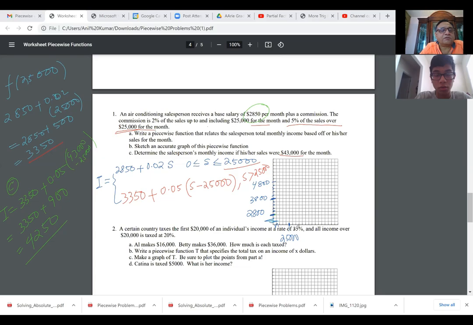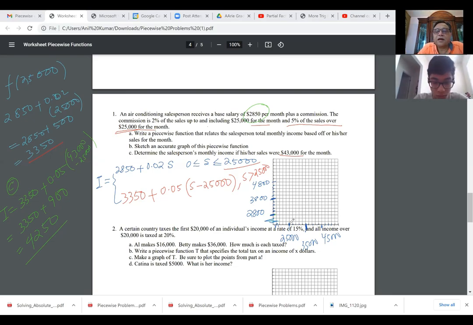And then we can have 1, 2, 3, 4, 5 as 1,000, right? So it's 35,000. 1, 2, 3, 4, 5, 45,000. 1, 2, 3, 4, 5. So that is how we could make a scale.